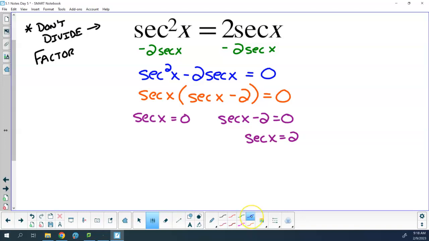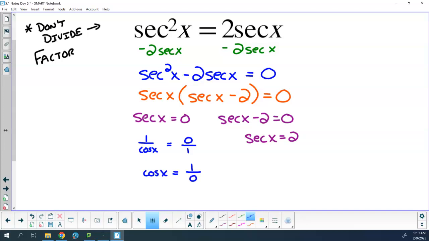So this is 1 over cosine equals 0 over 1. Got ahead of myself. If I reciprocate this side, I get cosine of x. If I reciprocate this side, I get 1 over 0. Can secant ever be 0?